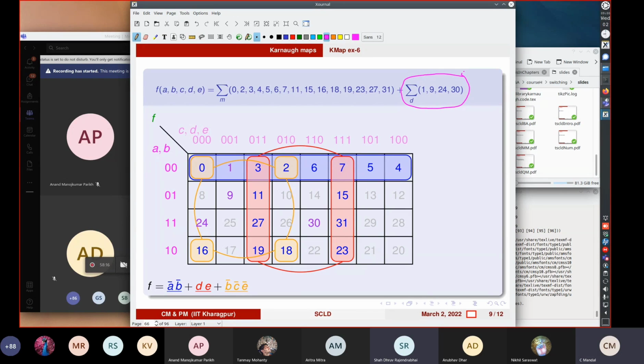No, they should differ in only one bit. See the basic principle I told you in the first slide. That is the same principle which is used everywhere. They should differ in only one bit. Okay.